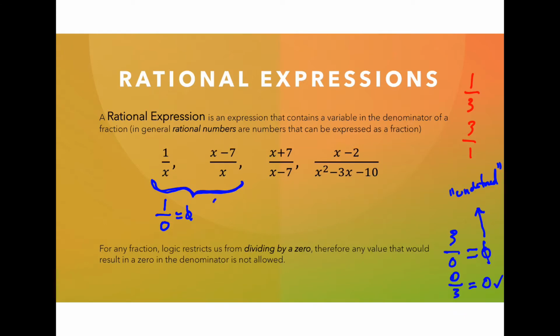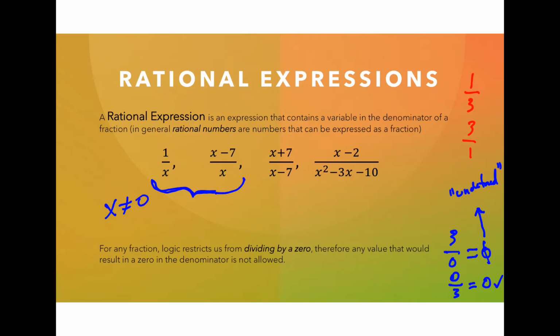And here I would end up with 0 minus 7 over 0, which is negative 7 over 0, which again is not allowed. It's the empty set. And so we would say for these expressions, x cannot equal 0, because 0 results in a 0 in the denominator. All right, so that's for those particular functions.